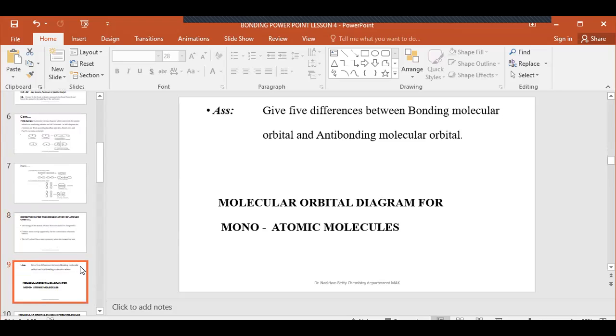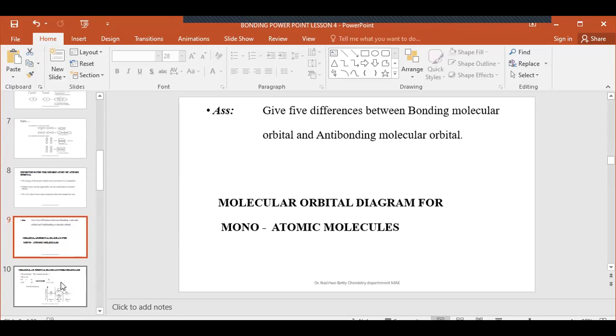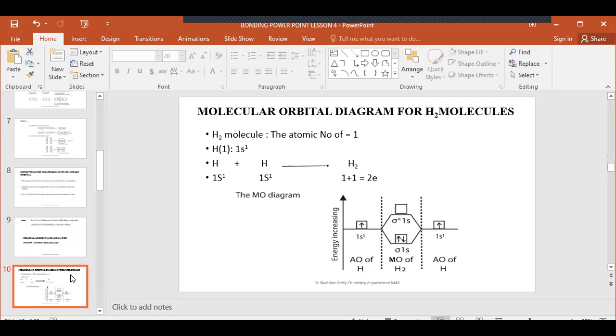And let us look at some molecular orbital diagrams for homonuclear diatomic molecules. An example is hydrogen. The hydrogen molecule is made up of 2 hydrogen atoms, and each hydrogen has a 1s orbital with 1 electron. If the 2 combine, we get 2 electrons.